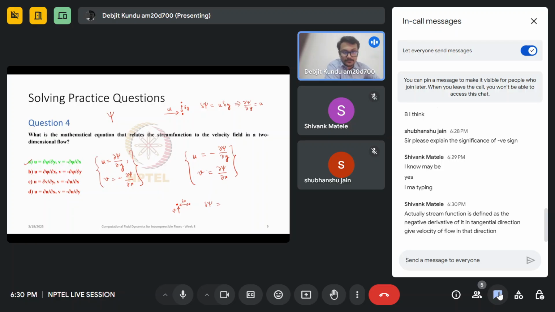Stream function is defined as the negative derivative of it in the tangential direction given velocity of flow in that direction. So if I have a stream function like this, this is the tangential direction at this point. So how does that give us the negative sign?